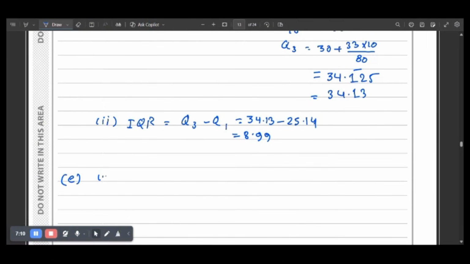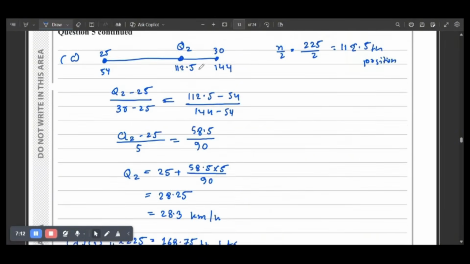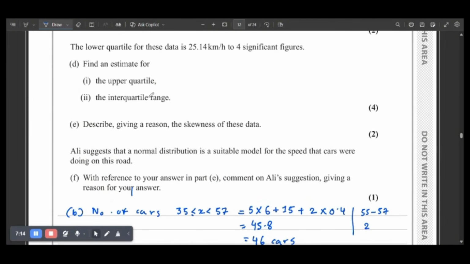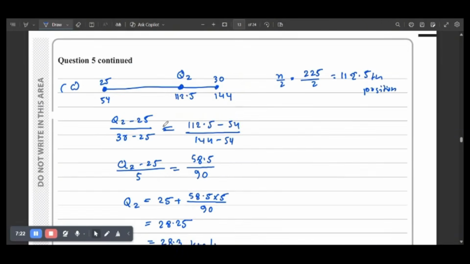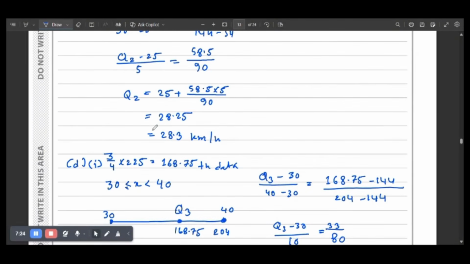For part E, it says describe, giving a reason, the skewness of the data. For this, we can compare the closeness of quarter 1 to quarter 2 and quarter 3.